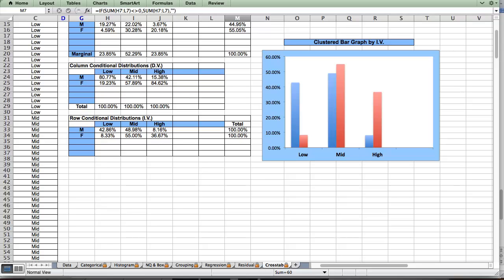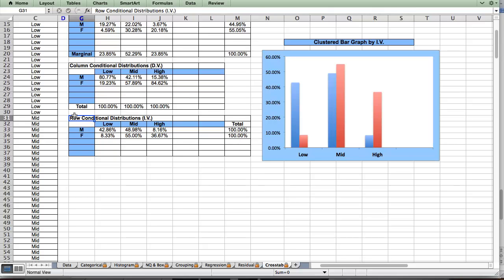Now, we have 2 possibilities. Column conditional distribution. In other words, we're calculating everything out of the column totals. Or the row conditional distribution, calculating these conditional distributions out of the row totals. We need to know where our independent variable is. And for our Excel tool, the independent variable is always the row variable, if we set it up correctly.